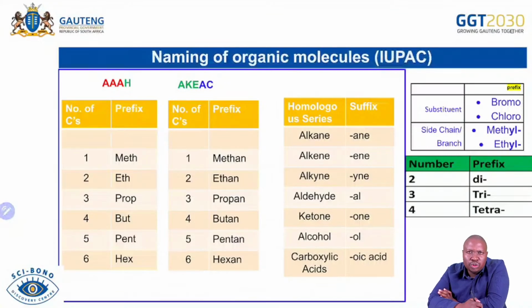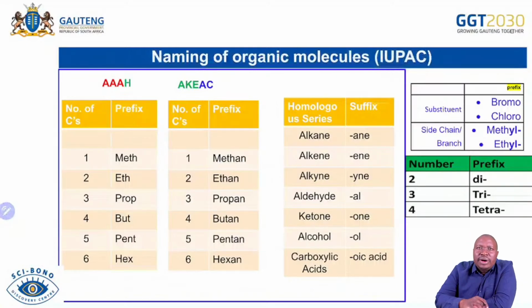It must be close to you. In technical science grade 12, we name only six carbons. So we don't go beyond six in the longest chain. Our longest chain will never have more than 6 carbons. So you have to know at all times that we must have up to 6 carbons in our longest carbon chain.